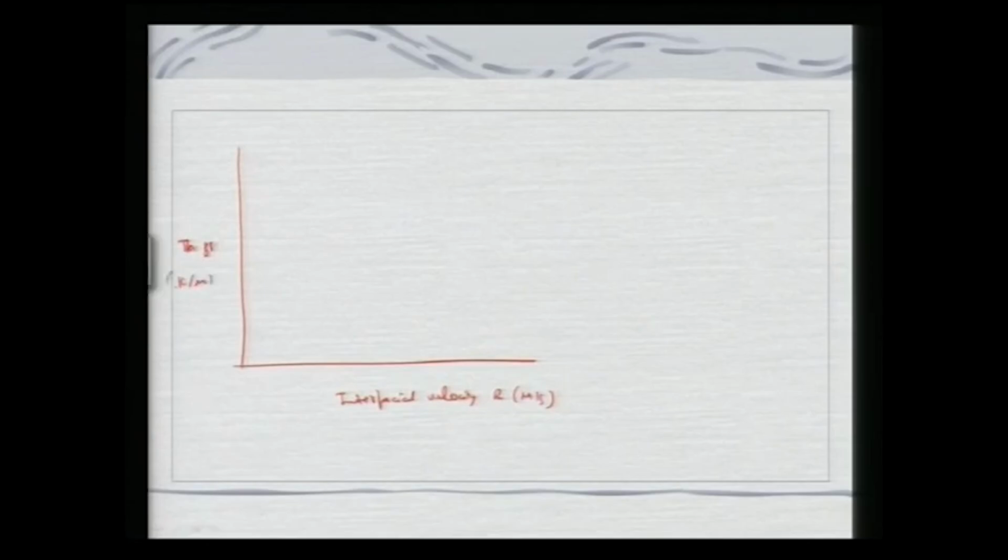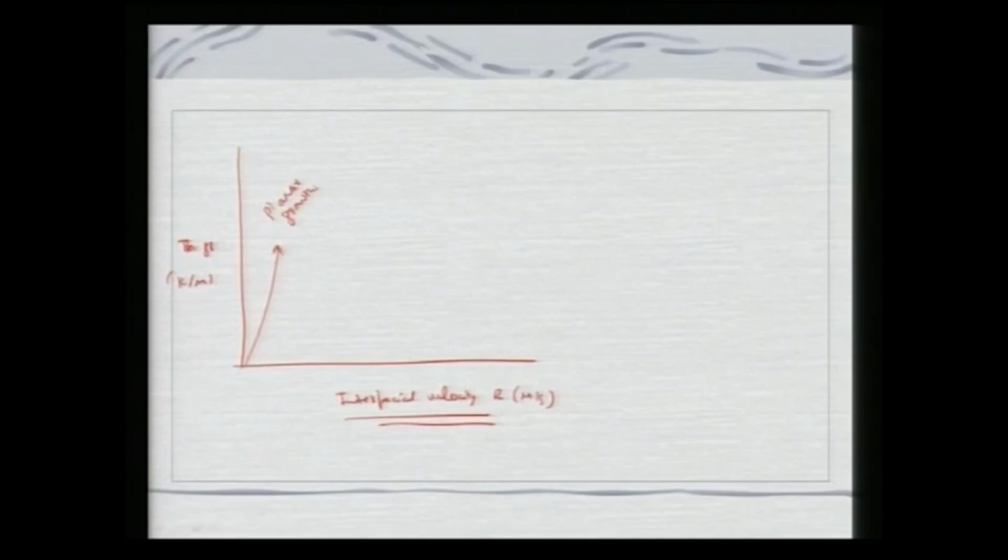So, if I have an interfacial velocity, a term R, in meters per second, and a thermal gradient in kelvins per meter, then if I cool my material very rapidly while having a very slow interfacial velocity, I will get what is called planar growth.